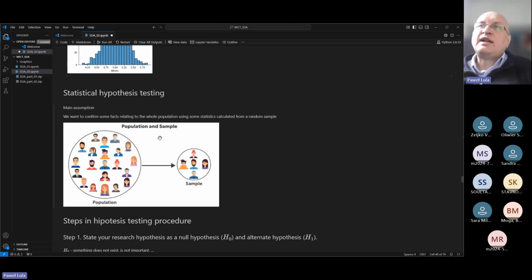And therefore, I decided to make a sample, to choose randomly a group of people from Croatian inhabitants and to create a sample.